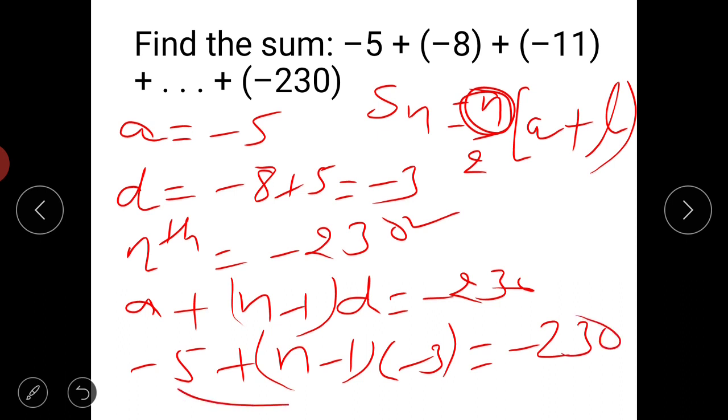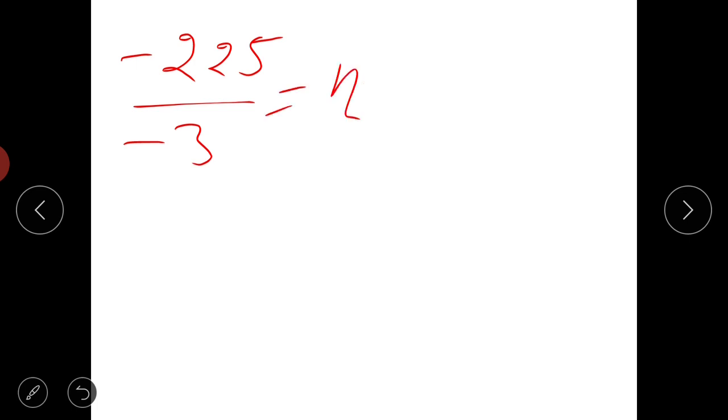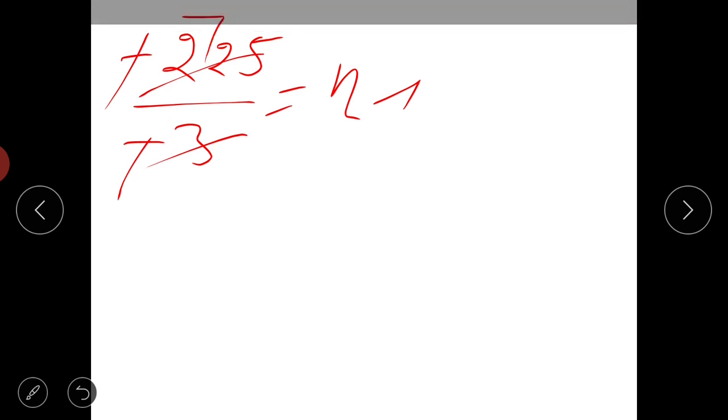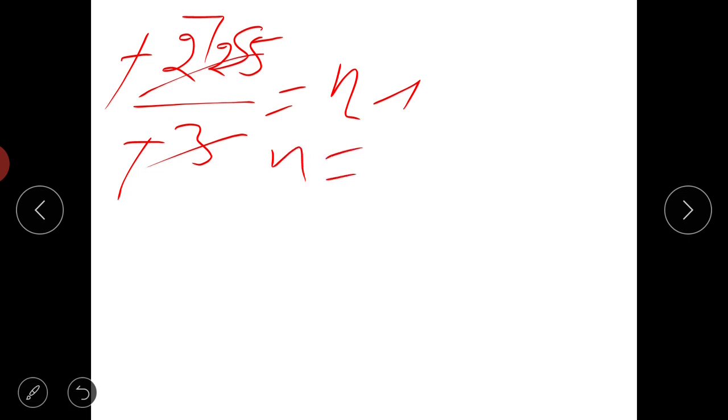Transposing, -230 plus 5 is -225, and -225 divided by -3 is equal to n minus 1. Minus cancels with minus, and 225 divided by 3 is 75. So n is 75 plus 1, which equals 76.